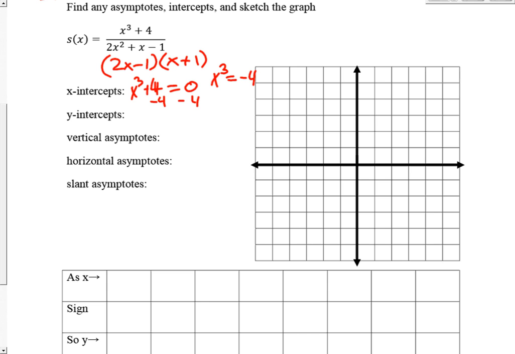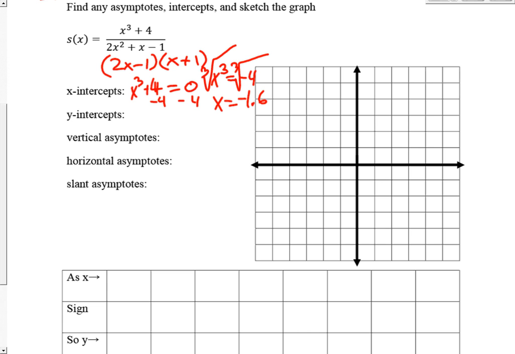I need x. I have to cube root it. And you could do that with your calculator. And you get negative 1.59. So x is equal to approximately negative 1.6.